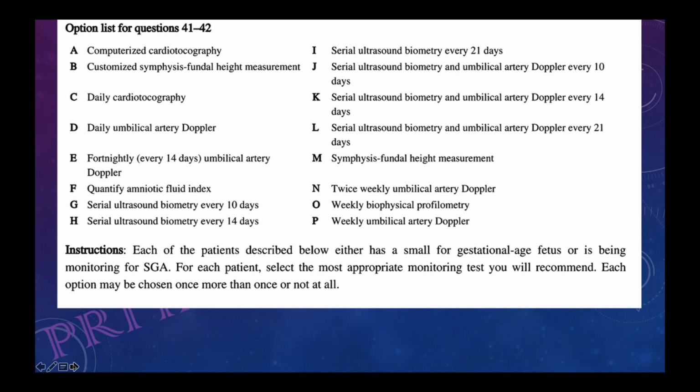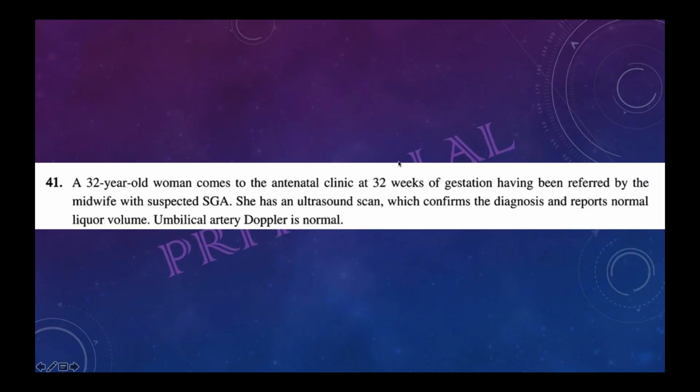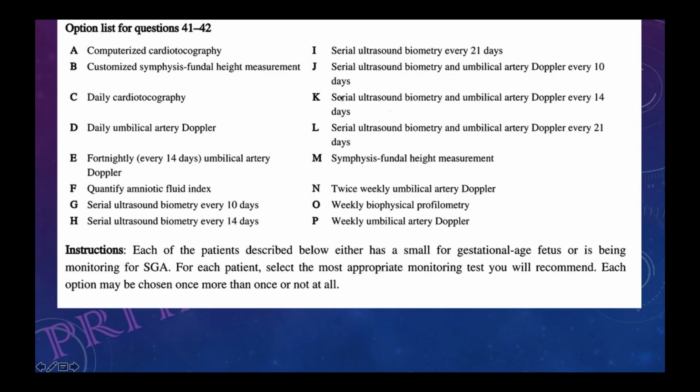M, serial biometry. See, suspected SGA, ultrasound confirmed, umbilical artery is normal. So if the umbilical artery is normal, then we call the patient every 2 weeks. The answer would be K.